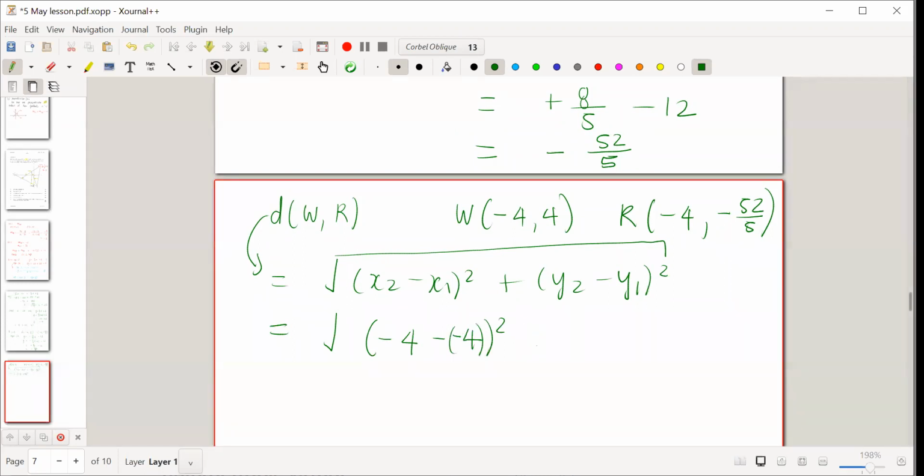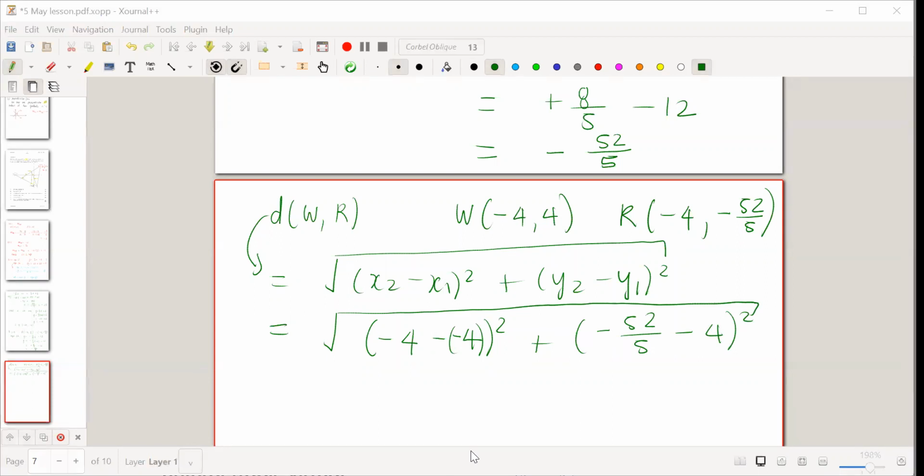-4 minus -4 being added to -52/5 minus 4 squared. Okay, what do you get? I'll just await some responses. Of course, the answer is going to be positive. It's going to be 72/5, it looks like.